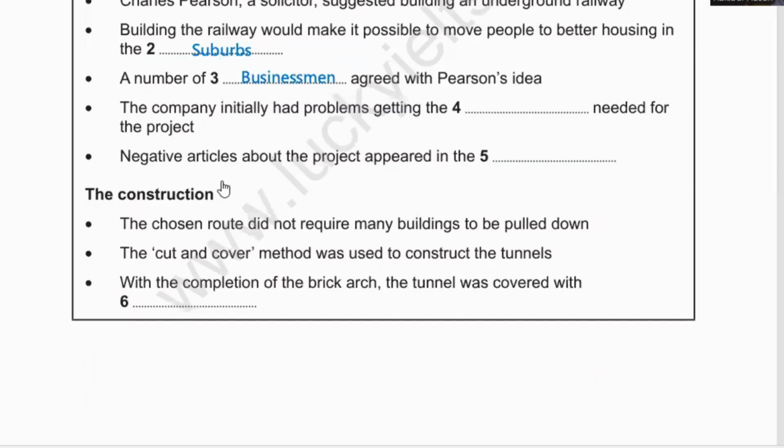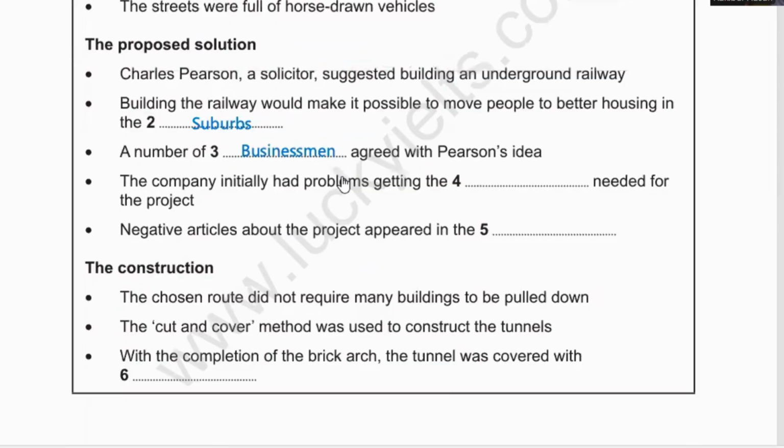Next, question number 4: the company initially had problems getting the dash needed for the project. So the company initially had a problem getting either money or something.